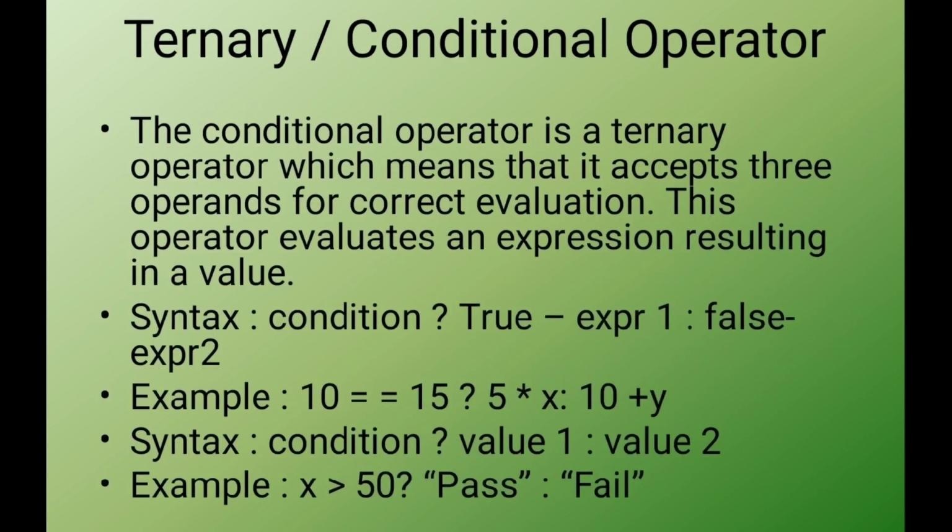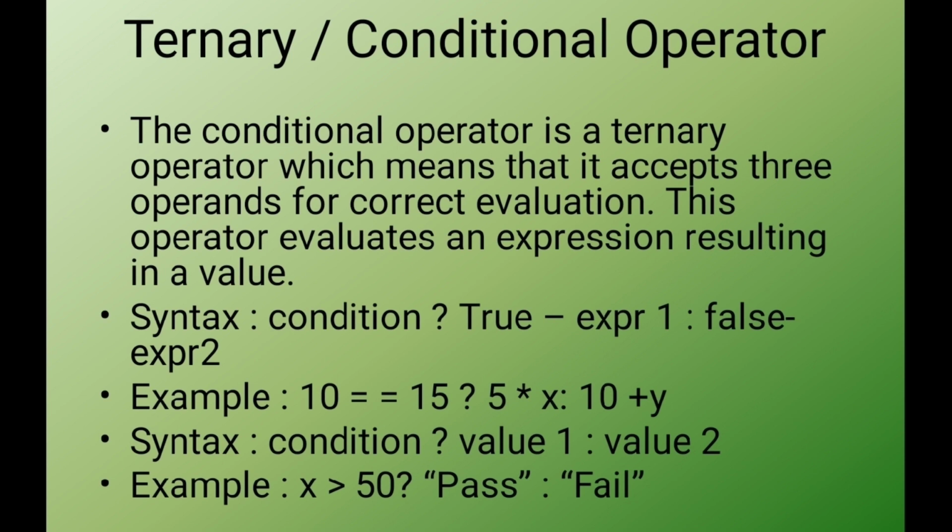Last we have the ternary operator or conditional operator. The conditional operator is a ternary operator, which means that it accepts three operands for correct evaluation. This operator first evaluates an expression resulting in a value. If that value is true, then expression 1 is evaluated, and if the result is false, then expression 2 is evaluated.